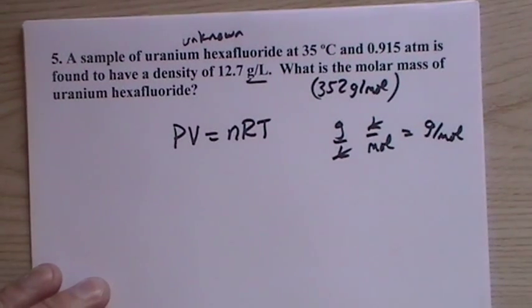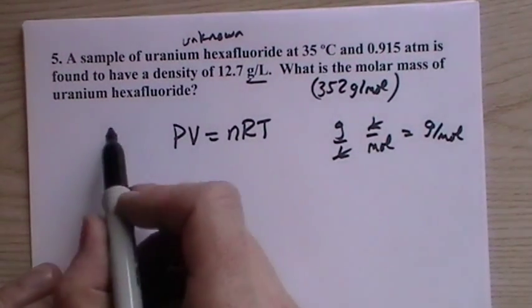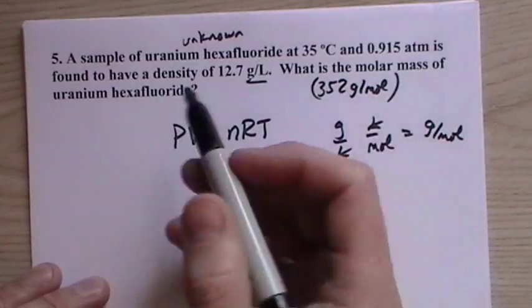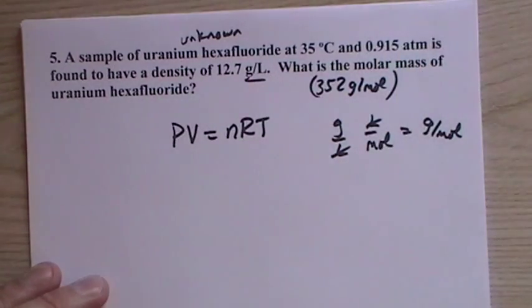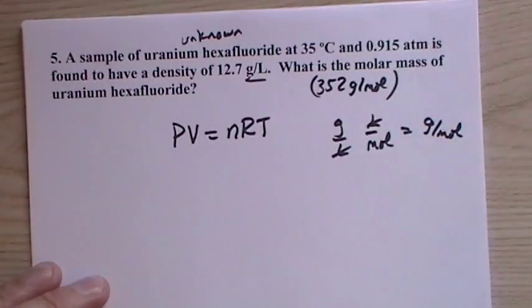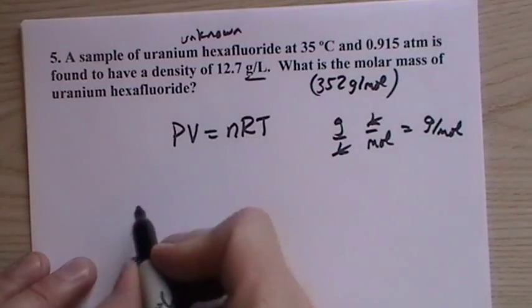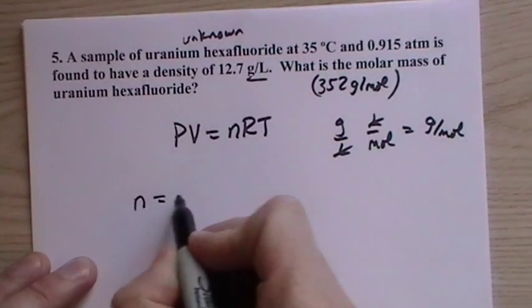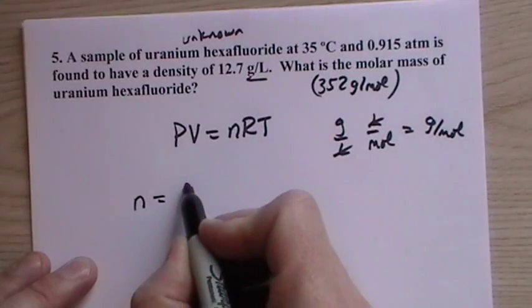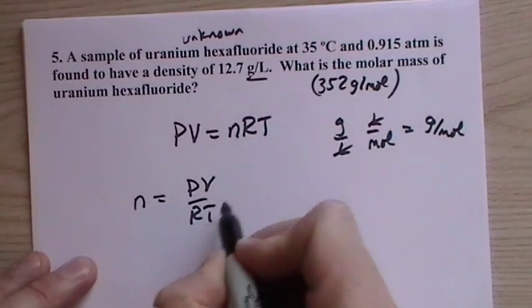So again, you might say, well, why should we do that if we can just look in the periodic table? Well, if it's an unknown that you're given, then you won't be able to do that. If you're given the density and this information, you'll be able to backtrack to the molar mass, and here's how we do it. So we want to find n, so PV over RT.